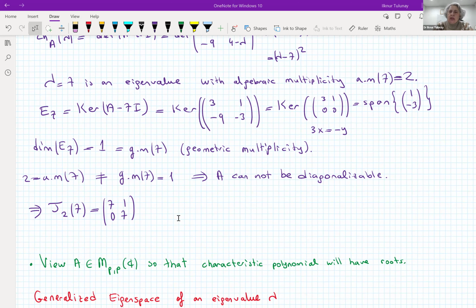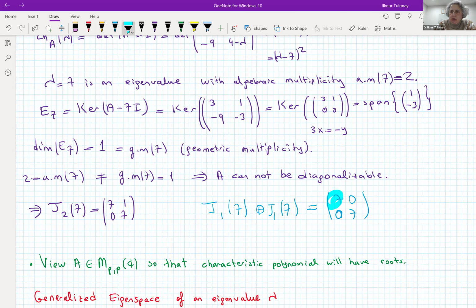Think about the situation if you had obtained two vectors here. Then the Jordan form would be J1(7) and J1(7), which would be just the diagonal matrix with 7, 0, 0, 7, like two blocks.